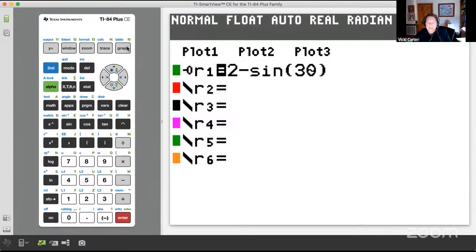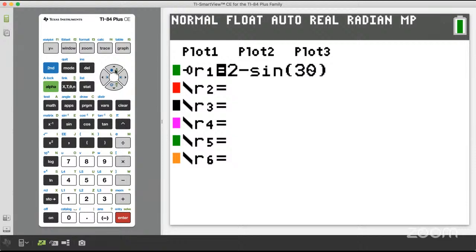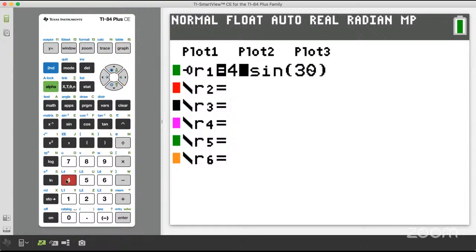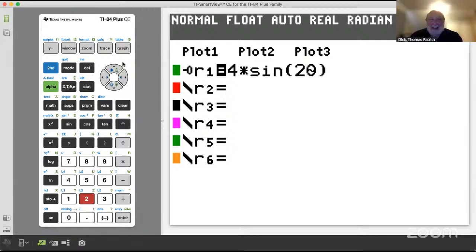Go down here. Go to your function. Put in, let's see, I don't know what your window was, so let's say it's like 4 or something. 4 sine 2 theta. You want it changed here for the R1? Yeah, just start typing right over the top. 4 sine 2 theta, plus, keep going all the way outside the parentheses.